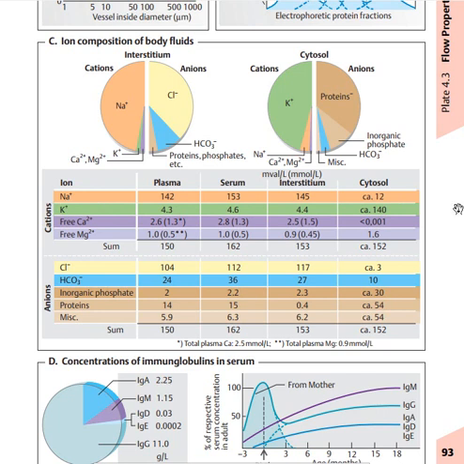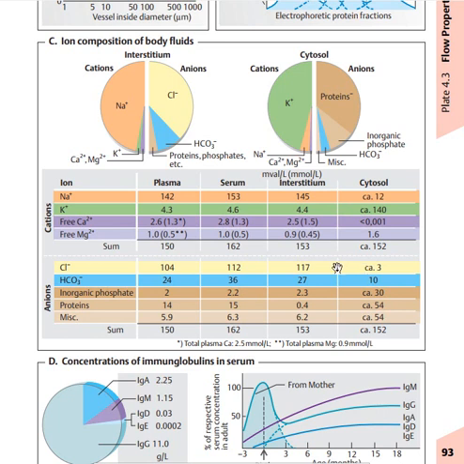For free calcium, inside the plasma is 2.6, and inside the cell is going to be less than 0.001. The free magnesium is going to be 1 inside the plasma, serum 1, interstitium 0.1, and then it's going to be 1.6 inside the cytosol.